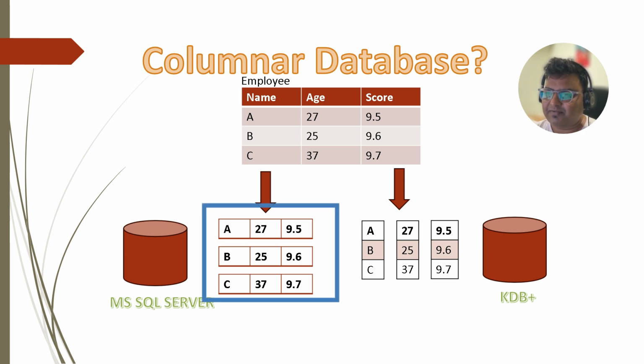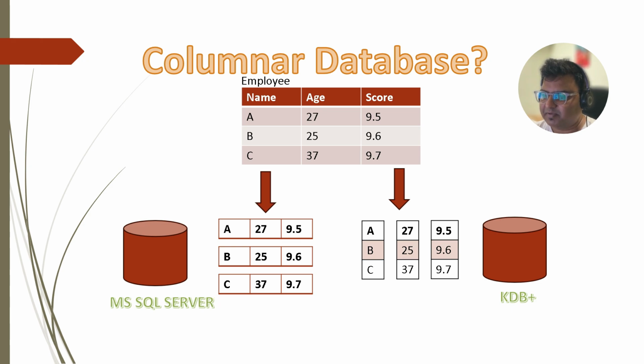Whereas in KDB plus Q, it has to just scan the age column and then perform the aggregation. So which one would be faster here? Definitely KDB plus will be faster as compared to a row-based database.